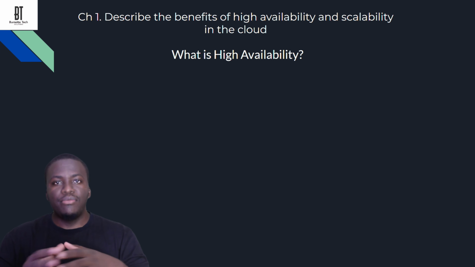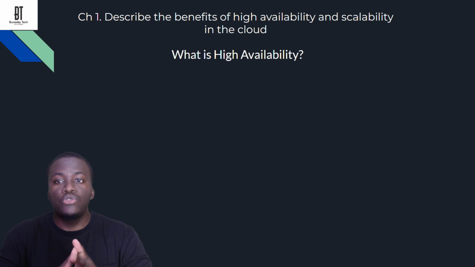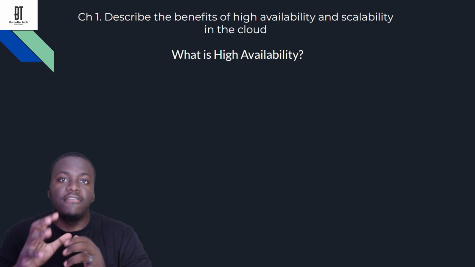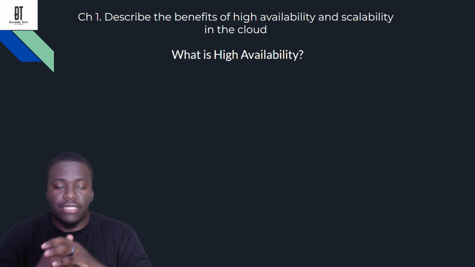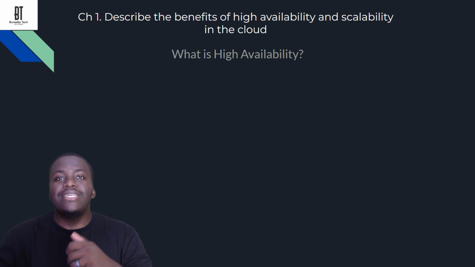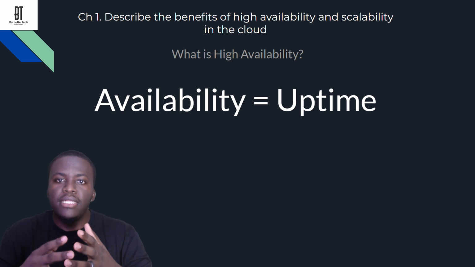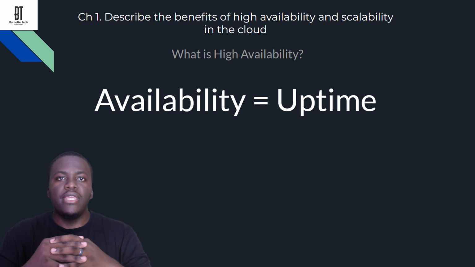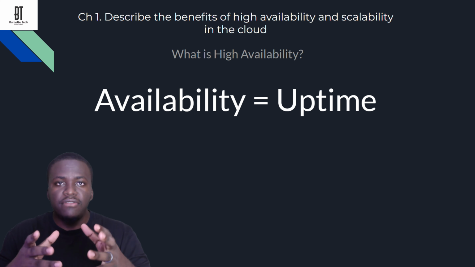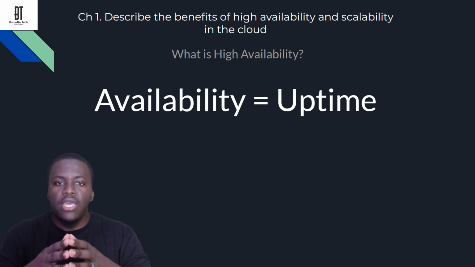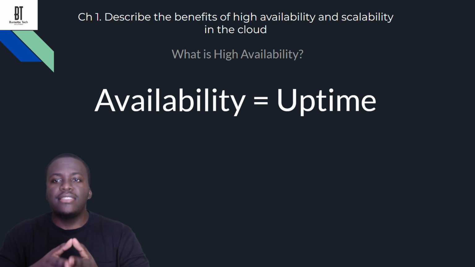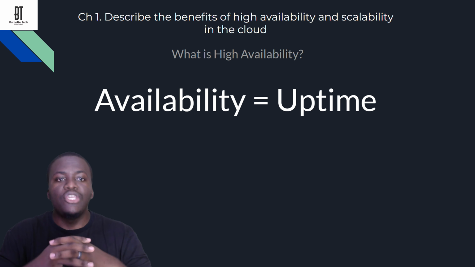When building or deploying cloud applications, two of the biggest considerations are availability and scalability. So, what is high availability? Well, high availability really means uptime. When you think of availability, think of whenever you deploy an application, a service, or an IT resource, you need to be able to access that resource when you need it.